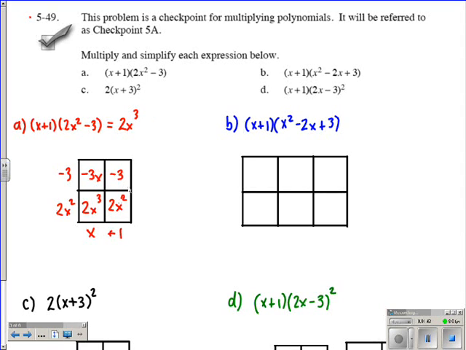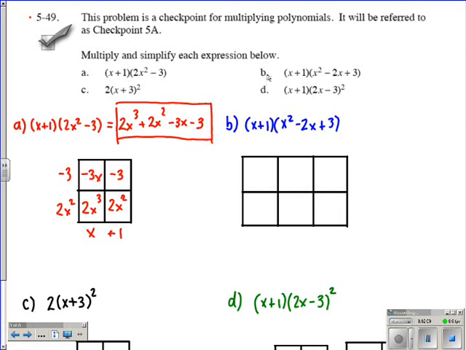So let's go with our next highest degree, plus 2x squared, minus 3x minus 3. And now we've got our answer there. That is letter A.